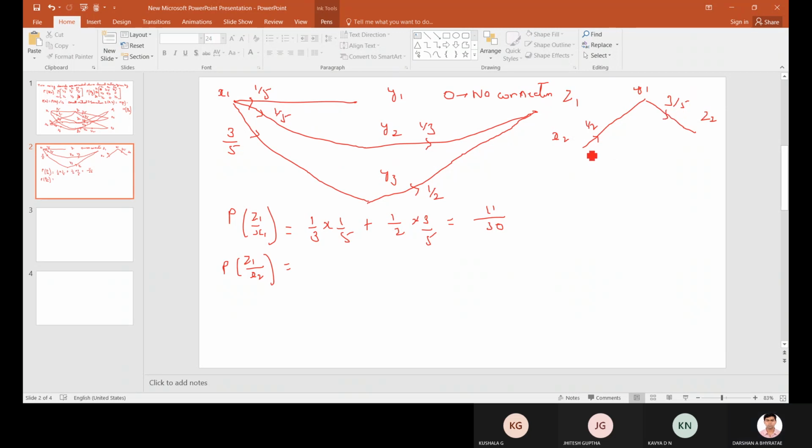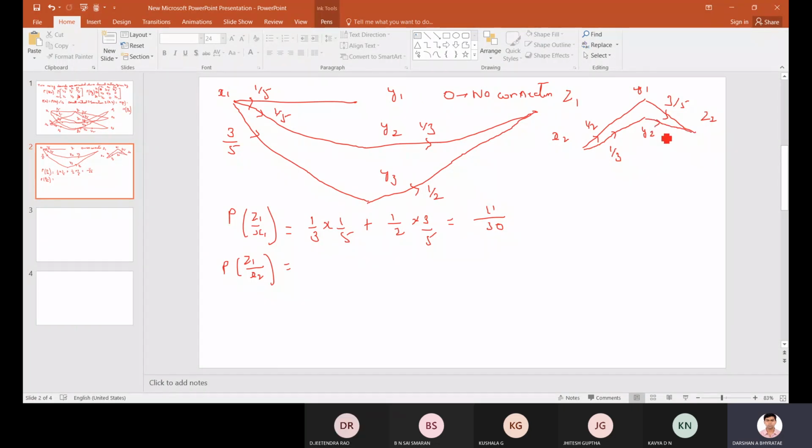And again P of Y2 by X2. This is Y2. What is the probability? 1 by 3, and this is again P of Y2 by X2. The channel connection is there, that is the conditional probability of 2 by 3. Again, this is Y3.